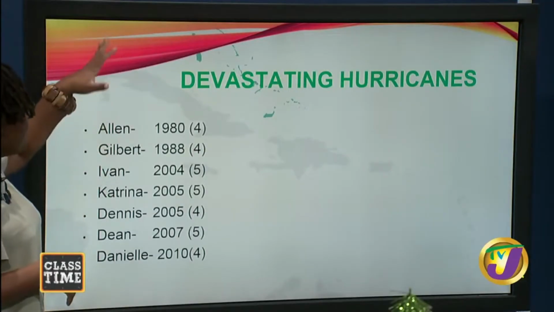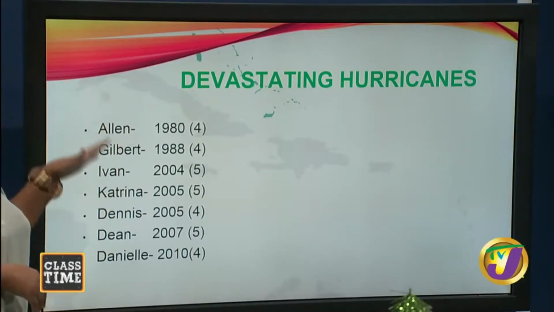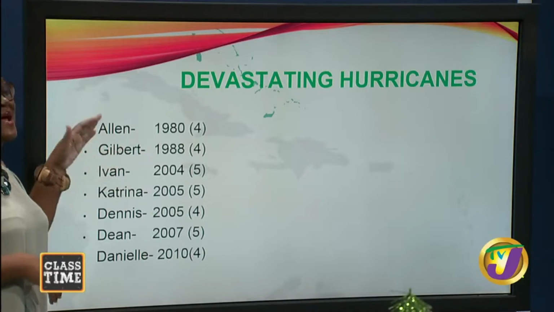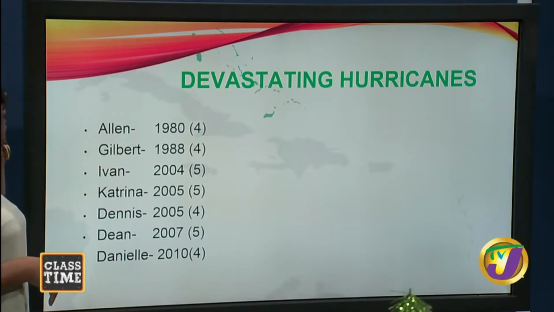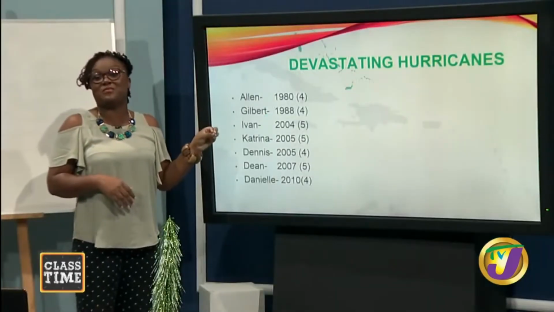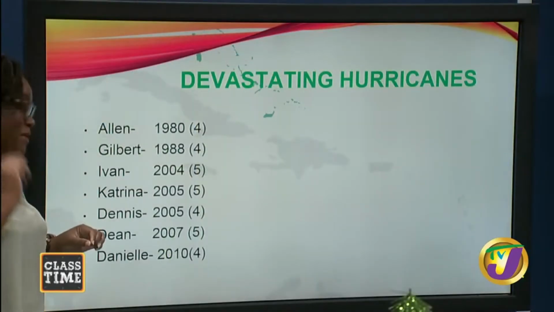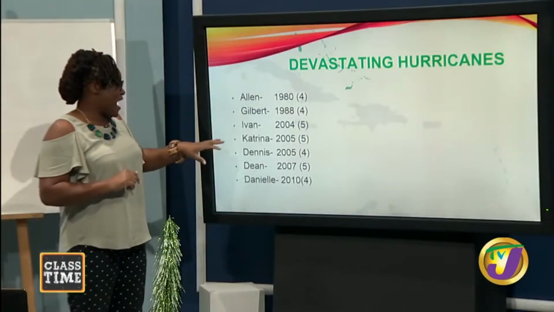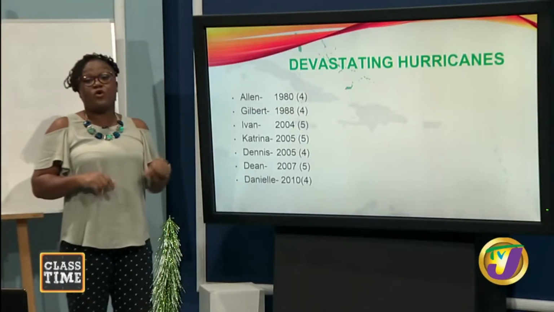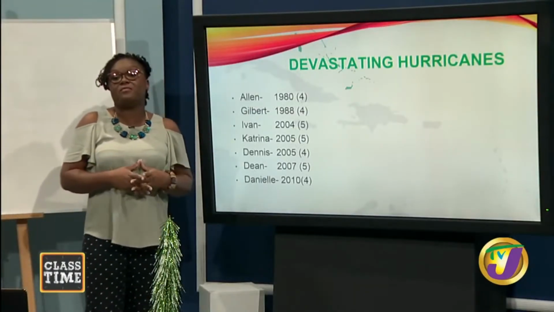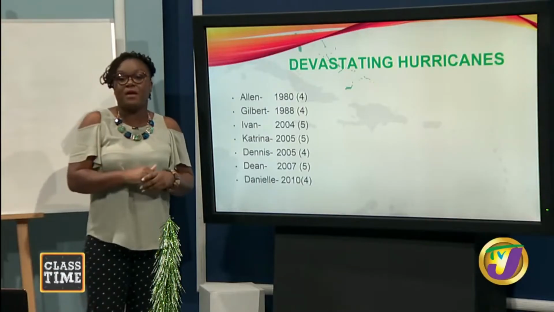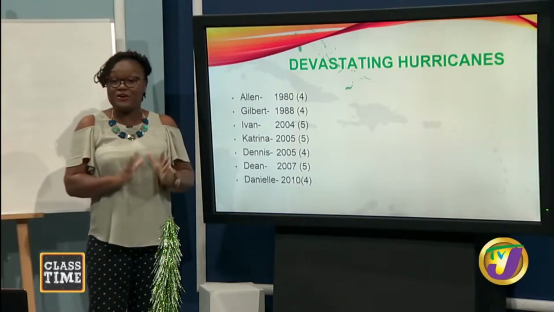Now, we know of some examples of devastating hurricanes that have taken place in the Caribbean, right? And the most famous, perhaps, for us in Jamaica is Gilbert, 1988. I was a teeny tiny baby, I don't recall. And then you have Ivan, 2004. Many persons would recall Ivan because Ivan is in very near memory. I recall Ivan very well.